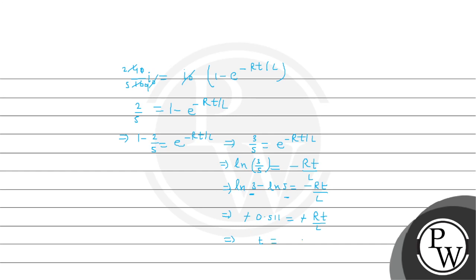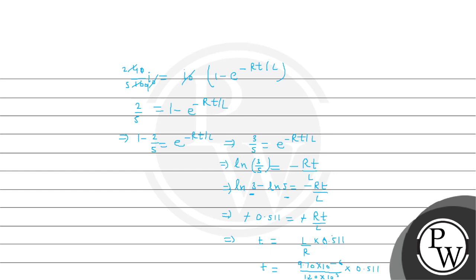So t is L by R multiplied by 0.511. We know the values of L and R. On substituting, L is 9.70 multiplied by 10 to the power minus 6 and R is 1.20 multiplied by 10 to the power 3, multiplied by 0.511.